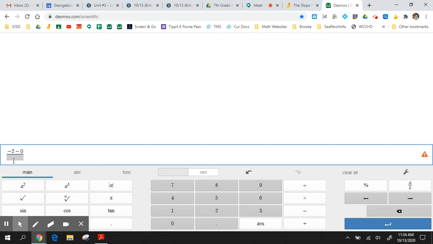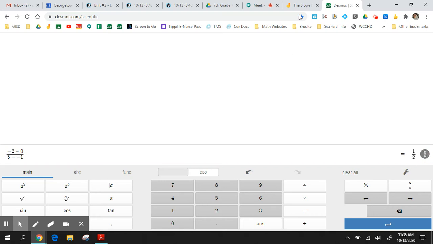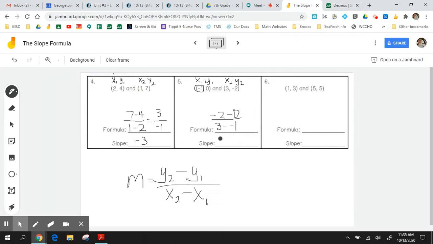Notice how it looks exactly the same in Desmos. There's no negative button like there is on a TI calculator. The next part was 3 minus -1. So again, they give it to me as a decimal in Desmos, okay? If you use alpha y equals in your calculator, it gives it to you as a fraction. I'm going to switch it to a fraction and get -1/2. Alrighty, move on to the next.